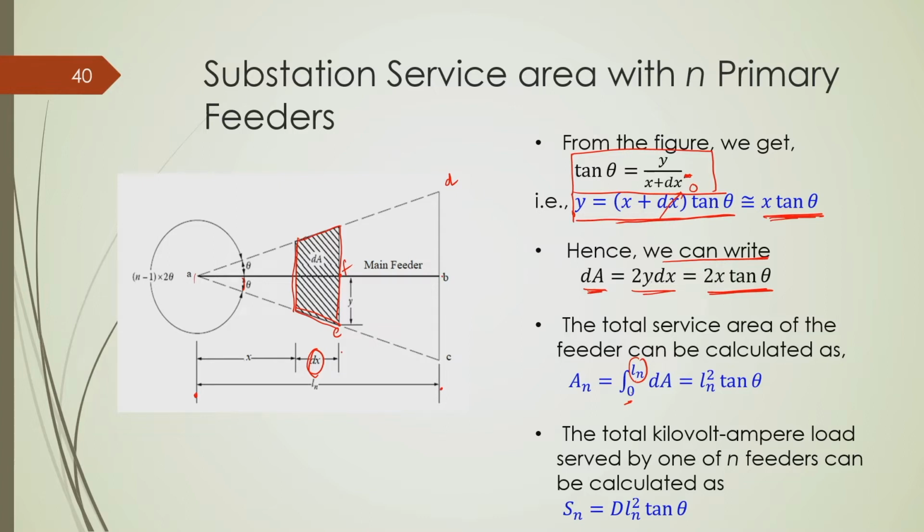So, if you integrate on this particular limit, you will get An, which represents the area under this particular feeder, that is the area of this triangular surface area of that feeder, which constitutes this triangle ADC.